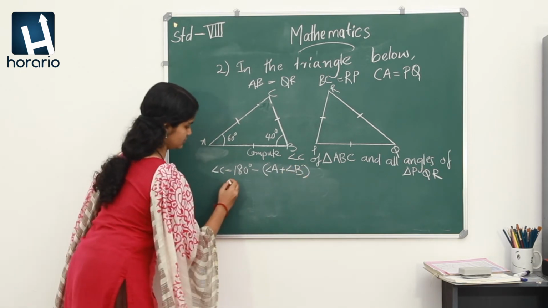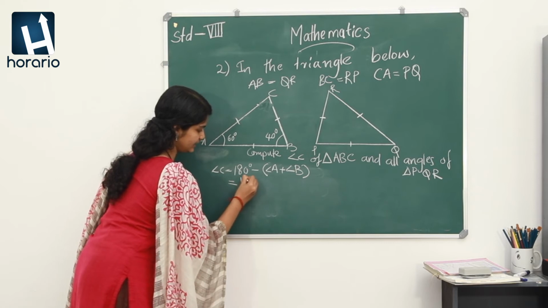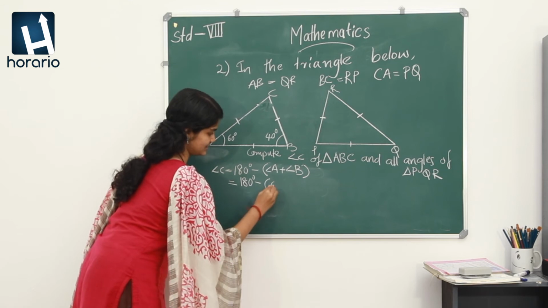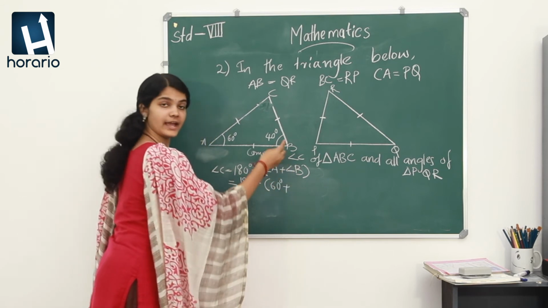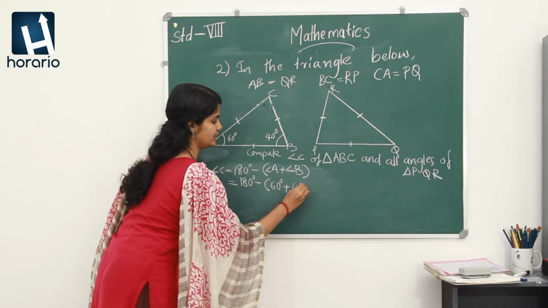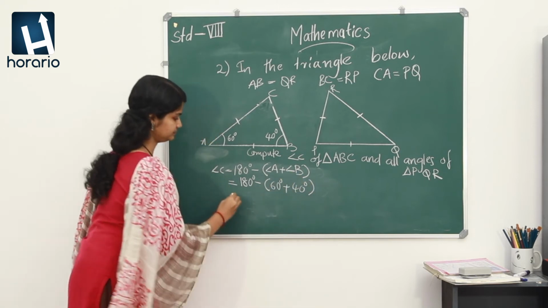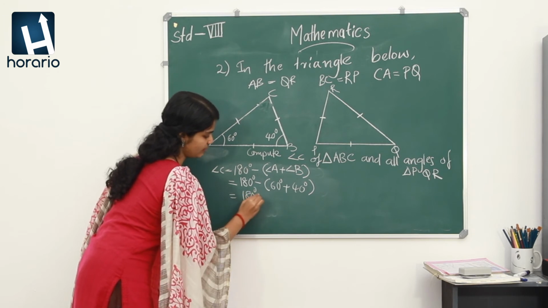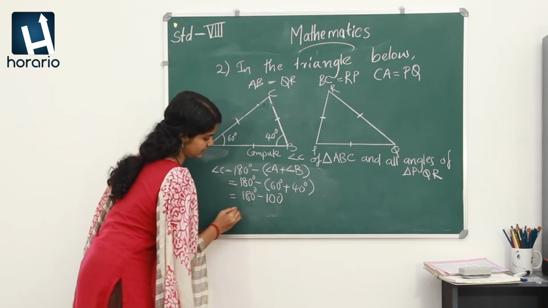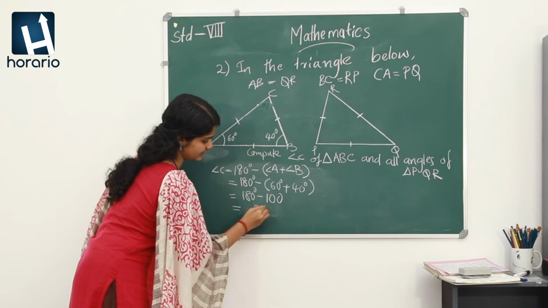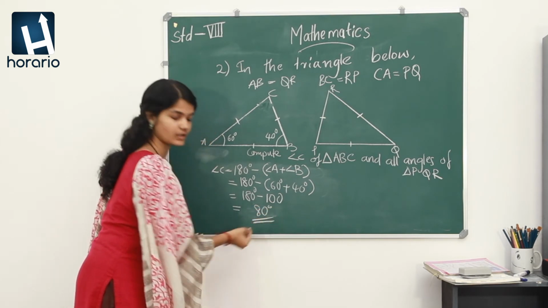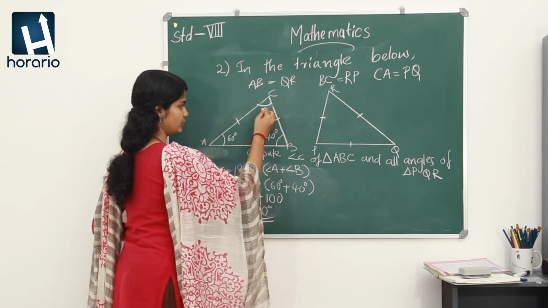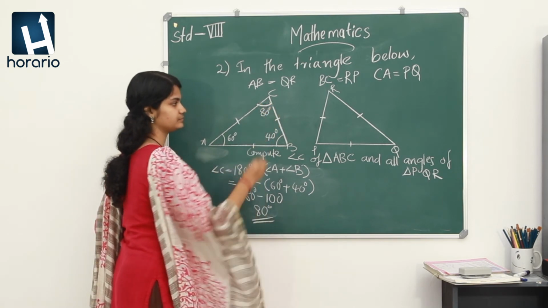So, that is equal to 180 degree minus (angle A is, yes, 60 degree plus angle B is 40 degree). Okay. Then what will be the answer? Yes, 180 degree minus 100, we get 80 degree. So, we found out angle C is equal to 80 degree.